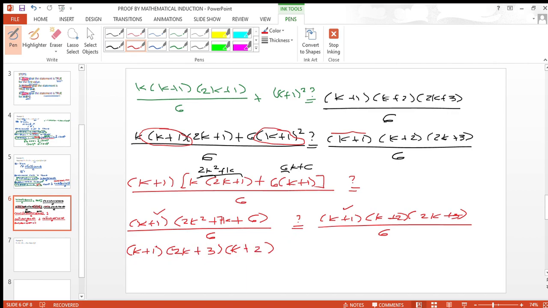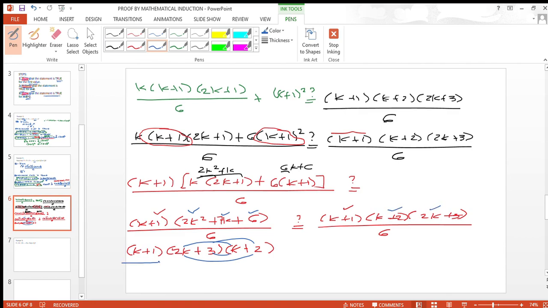And let's double check. Do we have the correct factors? Let's try to expand this. 2k squared. Check. 3 times 2. Check. 3k plus 4k is 7k. So we have the correct factors of this trinomial, which we have on the right side also.